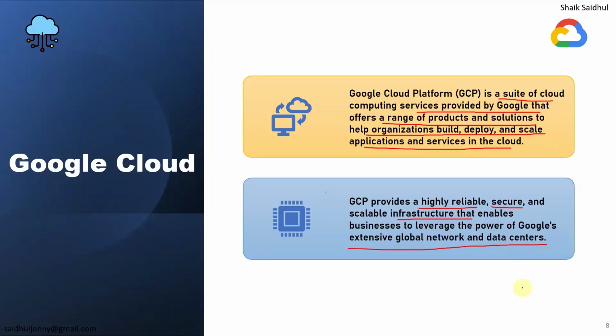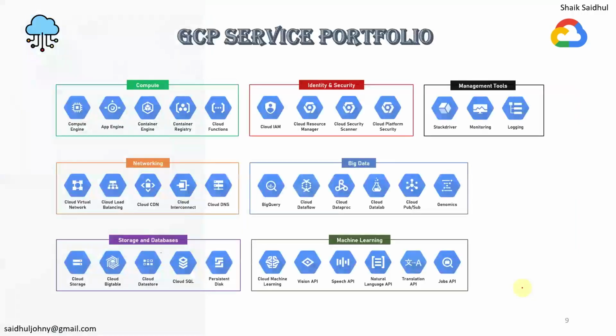Sir, can you tell me what are the services it is offering? If you ask me what services it is offering, it offers you the computing services for creating an application, virtual machines, Kubernetes services, and all of those things. It provides you the IAM services, management tools, networking services, big data services, storage and database services, machine learning services.